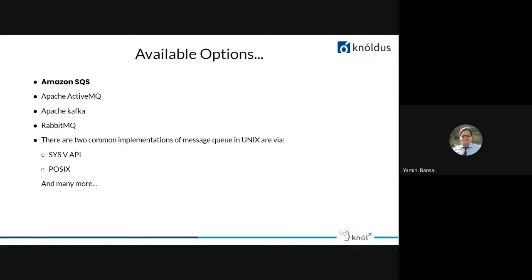Asking for a recommendation, we cannot straightforwardly recommend this without looking at the architecture or at what kind of application we have at hand. So I don't have a particular say here that you should go for Amazon SQS for XYZ reason, or you should go for Kafka for ABC reason.